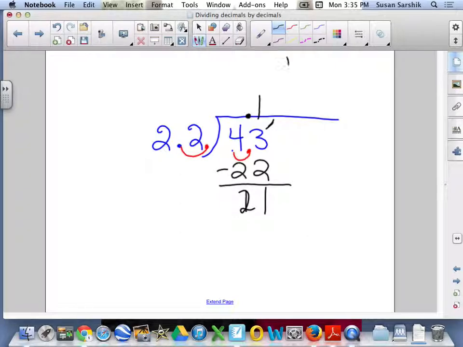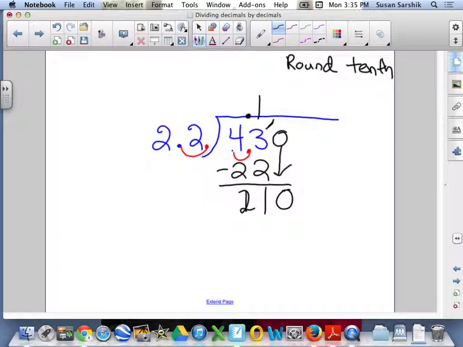So let's say I say round to the nearest 10th. If I'm rounding to the 10th, I have to take it out to the hundredths place. So I'm going to put in another 0 there and bring it down. It certainly doesn't change the value when I put the 0 there. 0.43 is the same as 0.430.